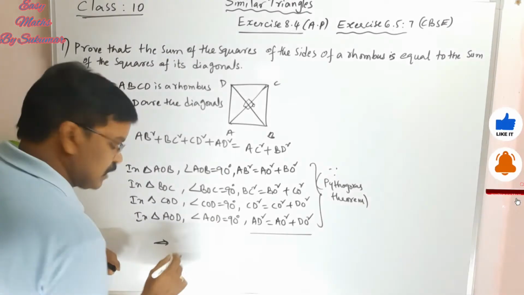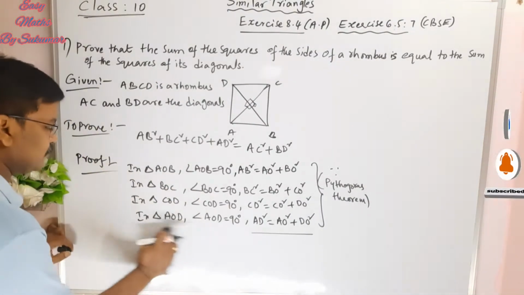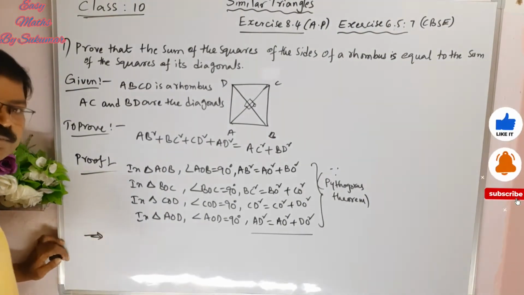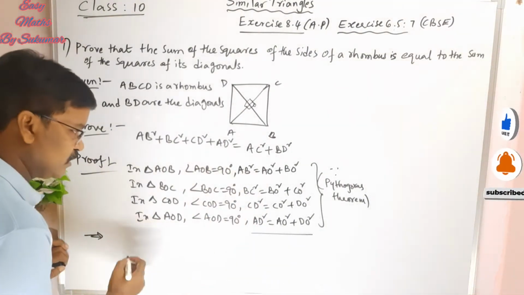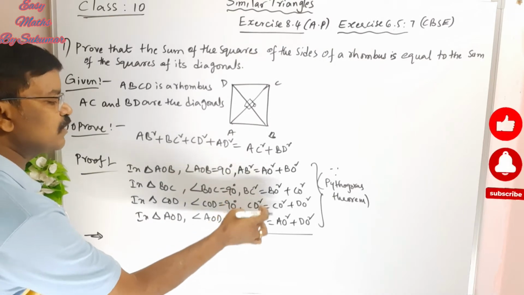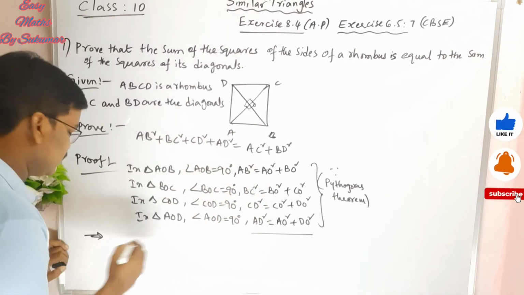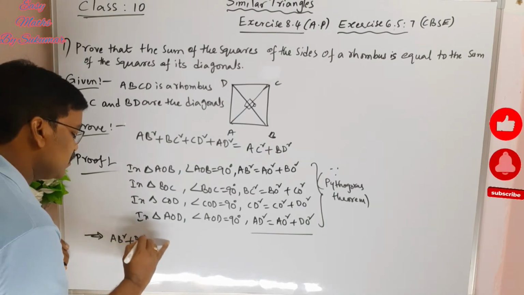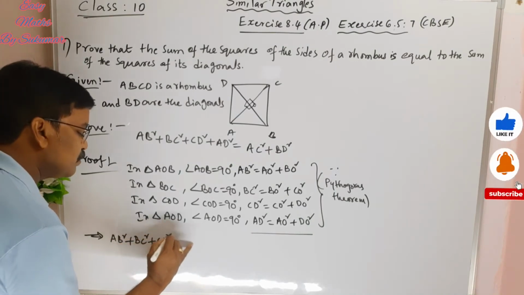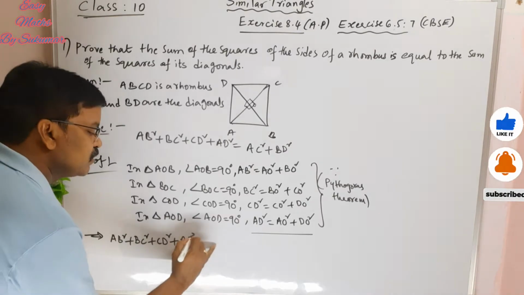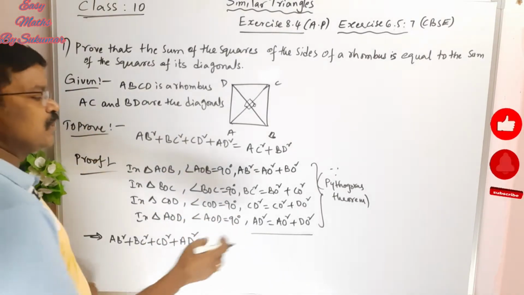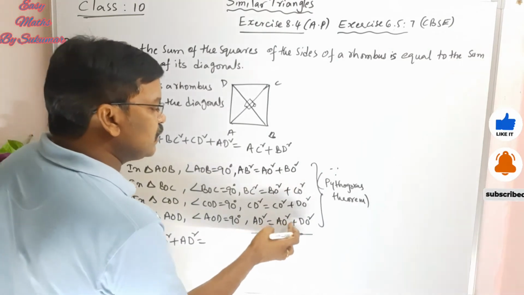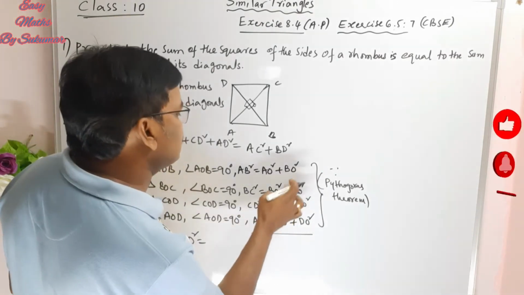That implies AB square plus BC square plus CD square plus AD square is equal to, now add all this, BO square, and again one more BO square is there, right?